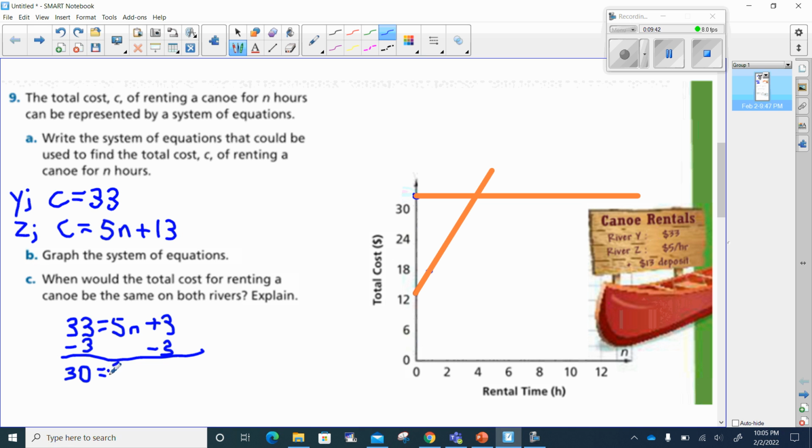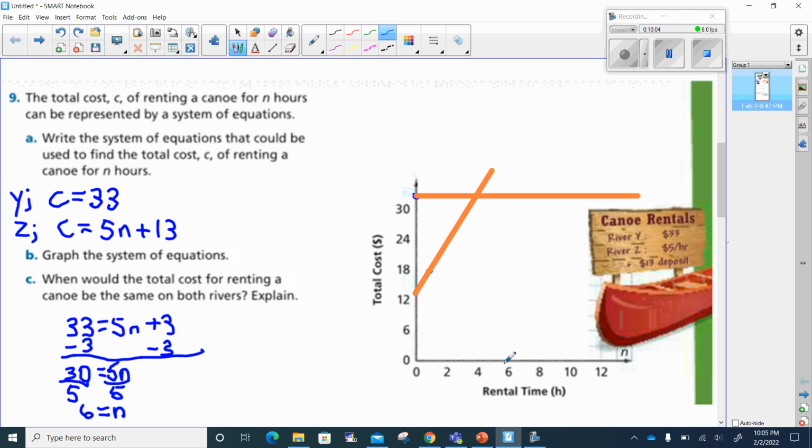Now 30 equals 5n. I have to divide 5 away. Whatever I divide from one side, I divide from the other. This tells me 30 divided by 5 is 6. Okay, so at 6 hours.